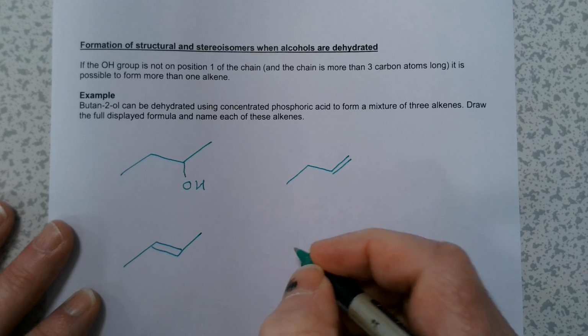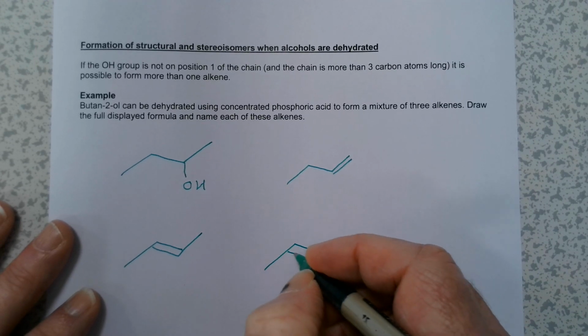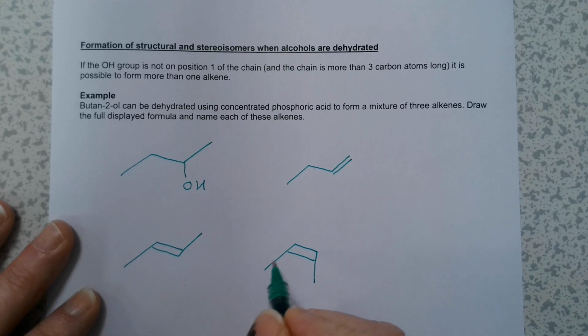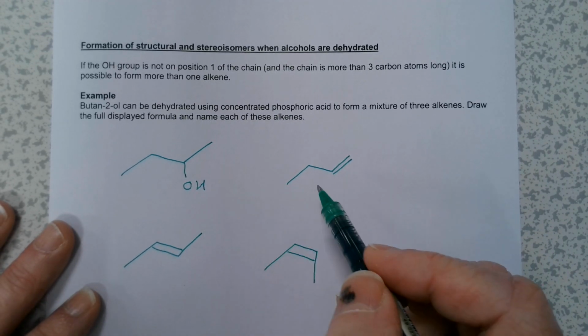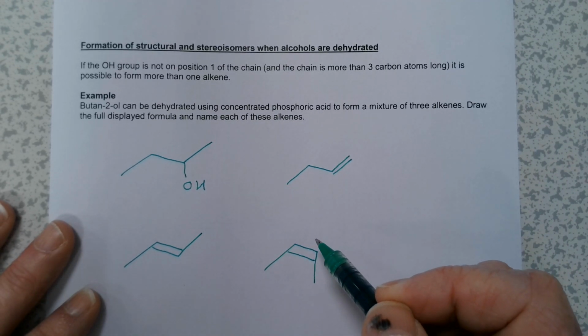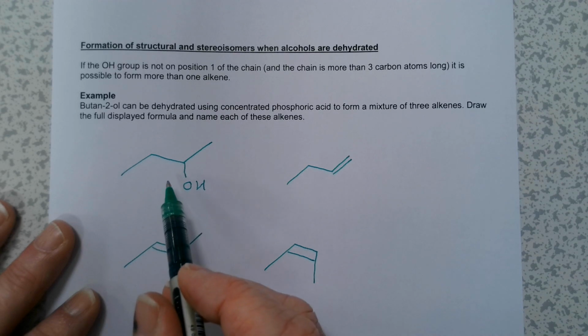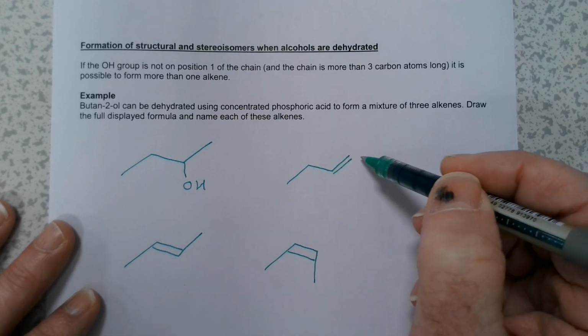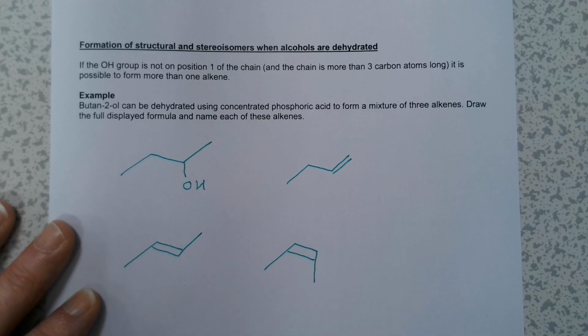But when we form but-2-ene we have to think of stereoisomers. So dehydration of an alcohol is a real opportunity for examiners to give you a structure where we could form structural isomers, but-1-ene, but-2-ene, and then also we need to think about stereoisomers, E-but-2-ene, Z-but-2-ene.